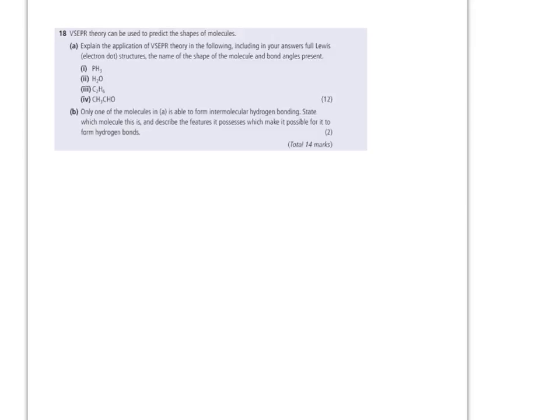Number 18, VSEPR theory can be used to predict the shape of molecules. Explain the application of VSEPR theory in the following, including in your answers full Lewis dot structures. They remind you that you have to put your lone pair on, the name of the shape of the molecule, and the bond angles present. So 18A1, PH3 is going to have a lone pair and the 3 hydrogen pushed down.